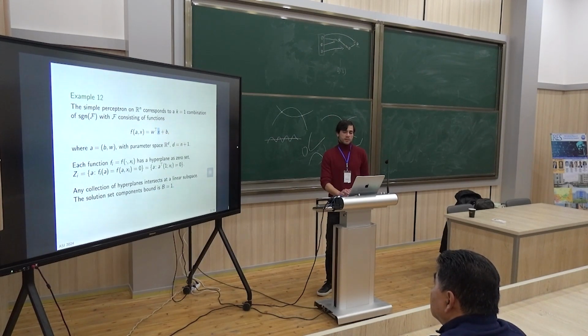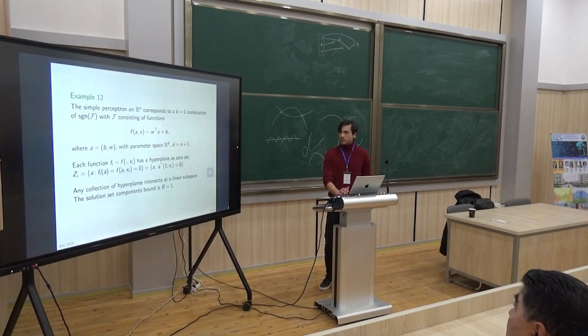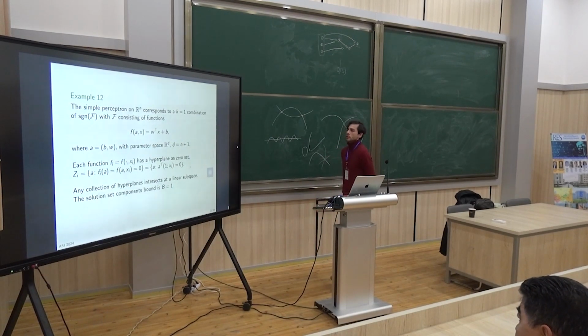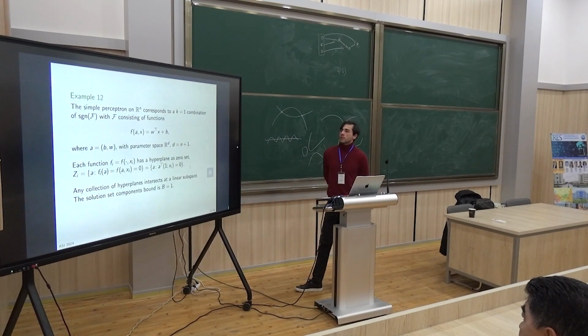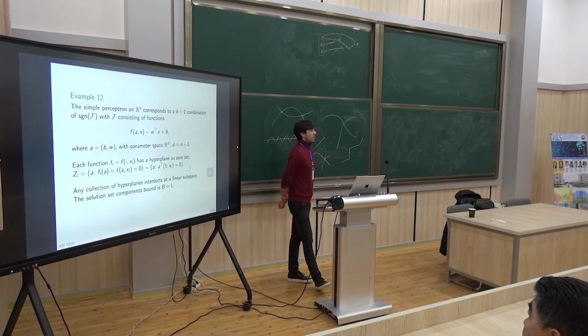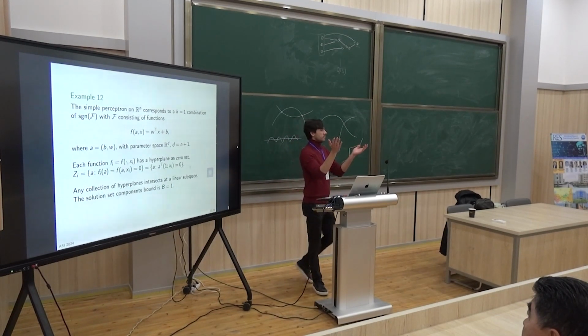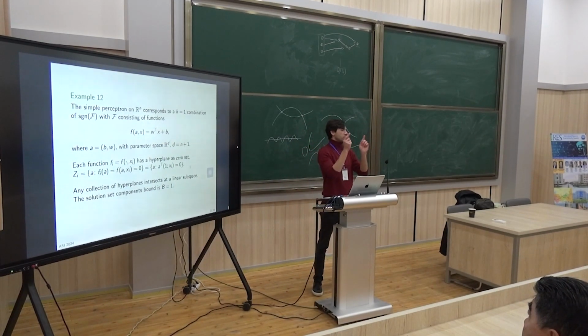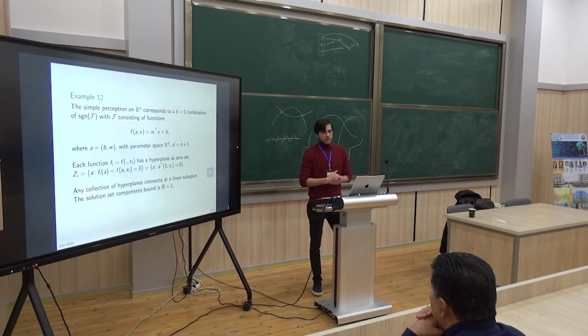You can write it in this way, so it's a linear equation in A, the parameter, and so that's a hyperplane. That's what we had previously, and so we're going to have one hyperplane for every data point of the data set. And then we can ask, do they intersect regularly, and what is the solution set components bound? So for hyperplanes, if they intersect regularly, that means that all the normal components are linearly independent.